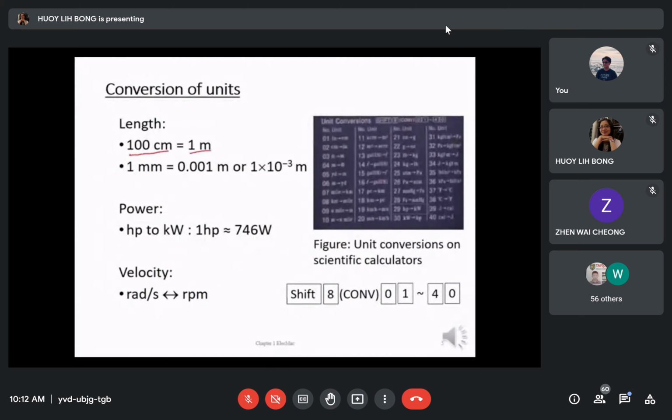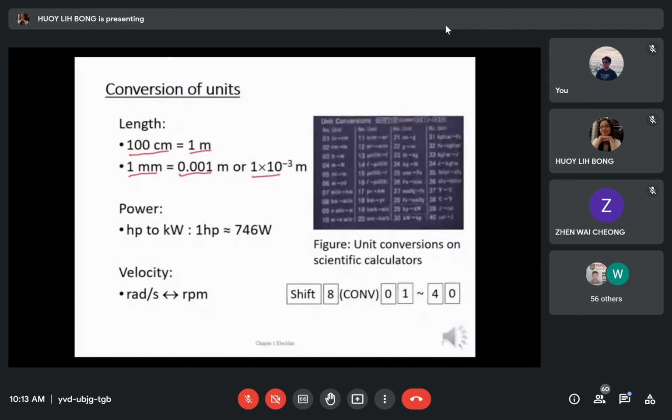If it's given in 1 millimeter, you have to convert it to 0.001 meter or 1 times 10 negative 3 meter.